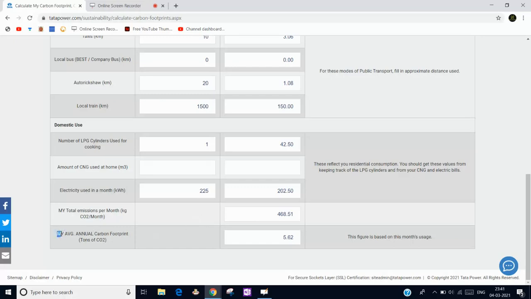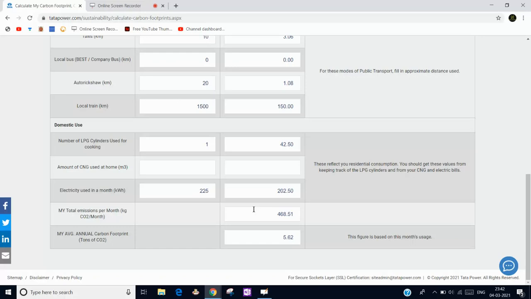And it will tell you the average annual carbon footprint in tons of CO2, which is the standard unit, that is 5.62. This shows that every year I am adding 5.62 tons of equivalent CO2 into the environment.